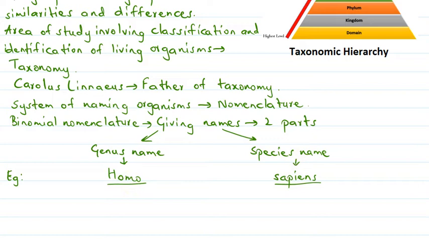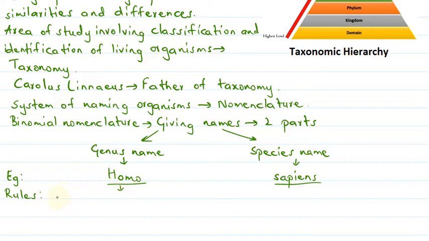Okay. Now in binomial nomenclature, a set of rules are followed and these rules are universal. So we are going to see what these rules are. The genus name always starts with a capital letter.